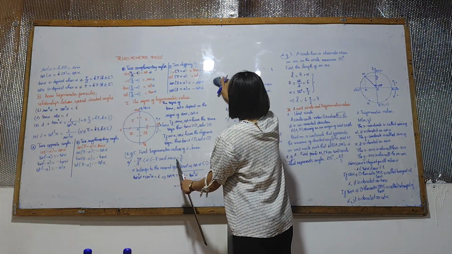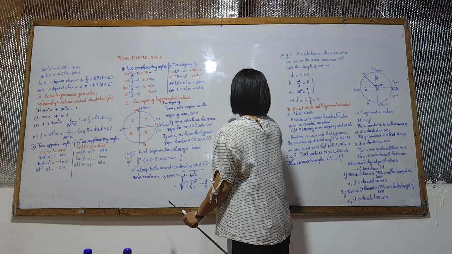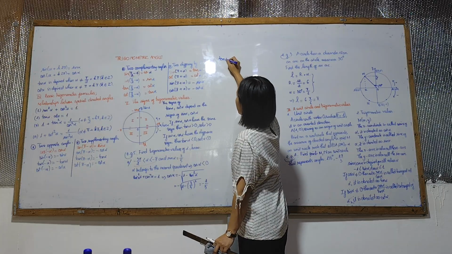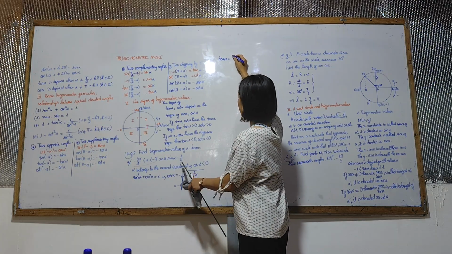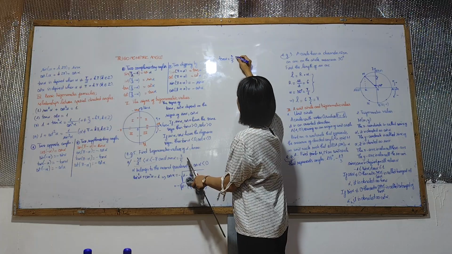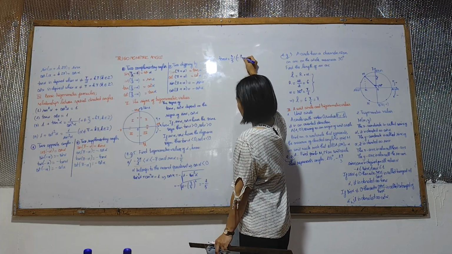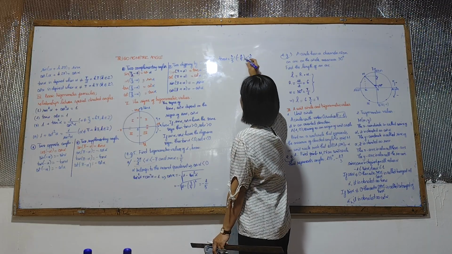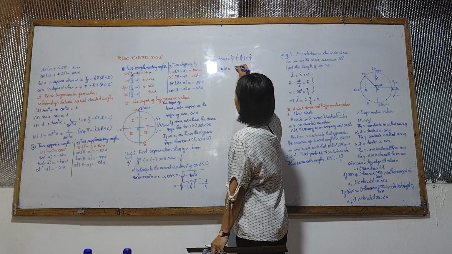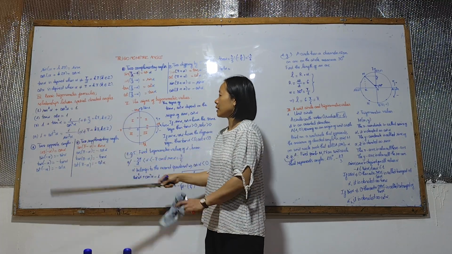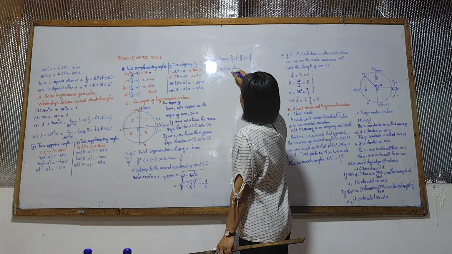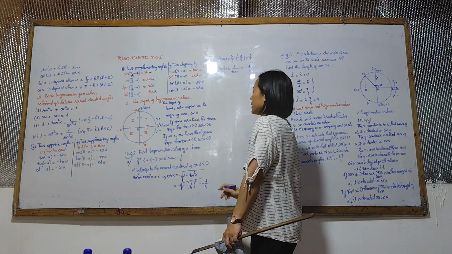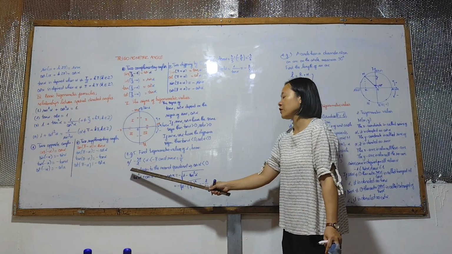After we have sine alpha and cosine alpha, we can use the formula tangent alpha equals 3 over 5 divided by negative 4 over 5, equals negative 3 over 4. And cotangent alpha, using formula number 2, is 1 over tangent alpha, and it equals negative 4 over 3. Yes, this is example 5A.